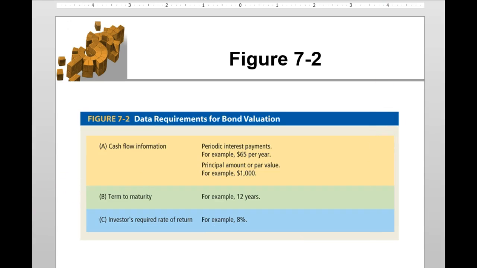And finally, we have the data that's required for bond valuation. You might want to print this, you'll find it in the book, or write it down because it's really very good. This is what you need: the interest rates, the principal, the term of maturity, and then the required rate of return. And you are good to go with bonds.